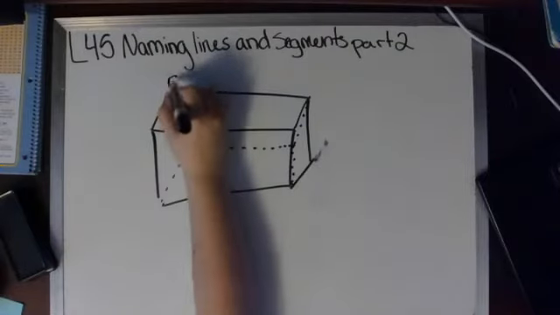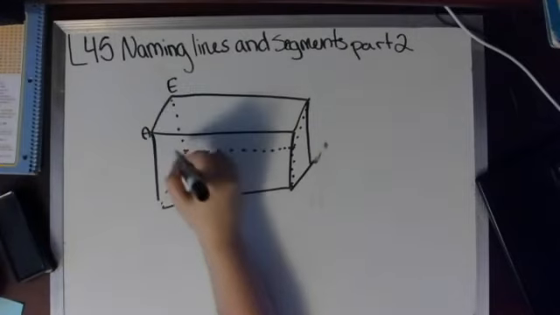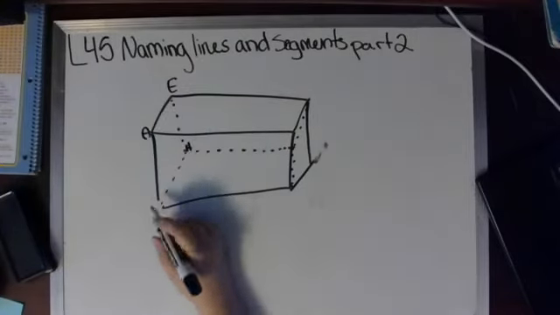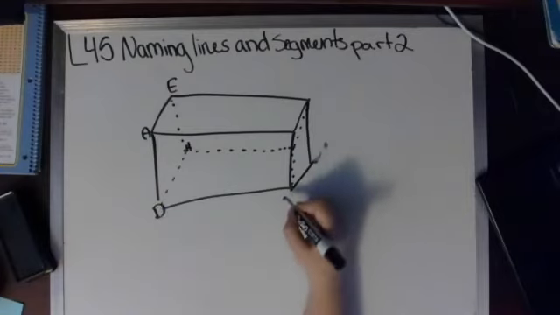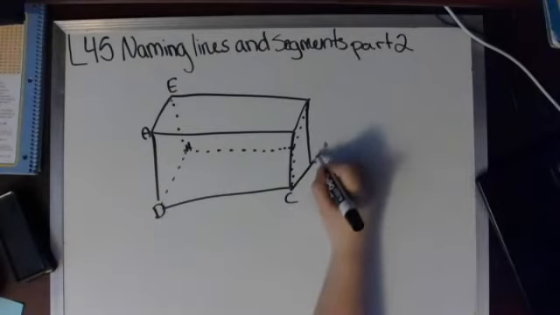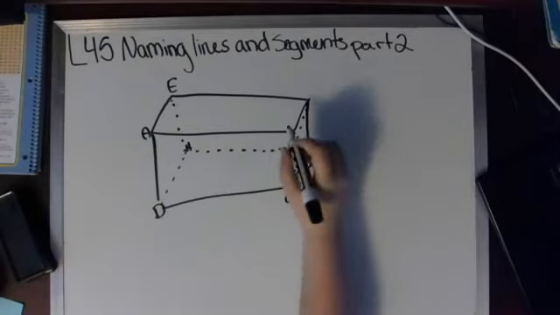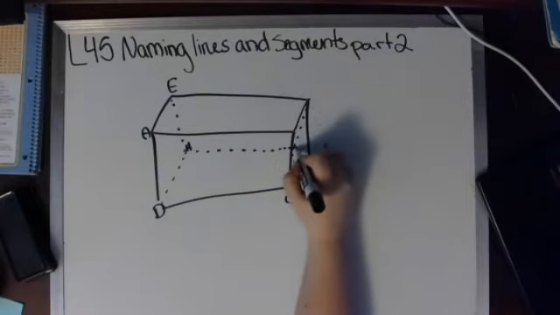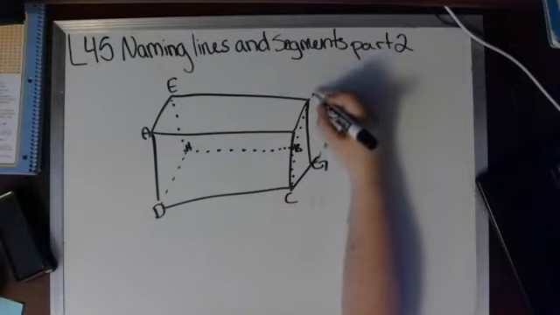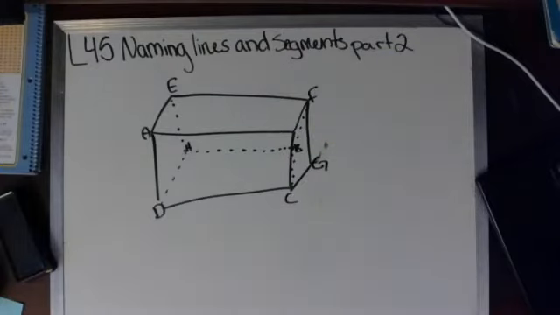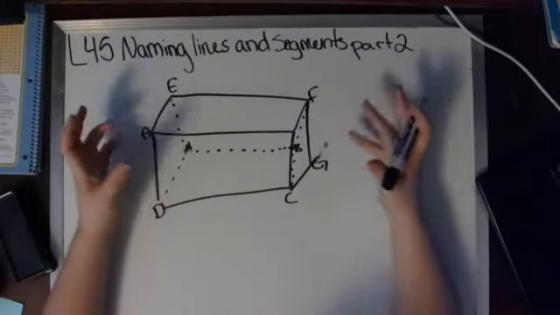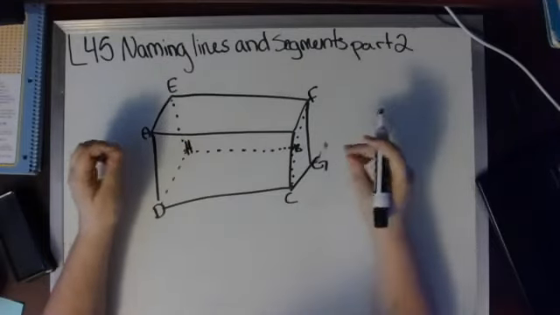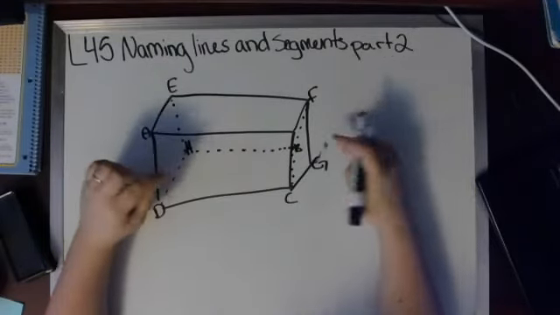We have E, A, H is this one in here, D, C, G, B, and F. Okay, so you have to imagine that you could pick this up and turn it around. Okay, these are all the different vertices or corners. Okay, all of them have been labeled.